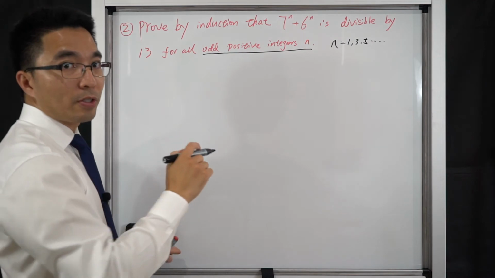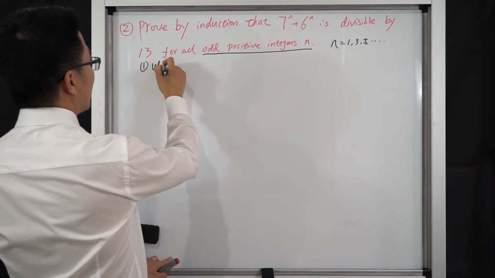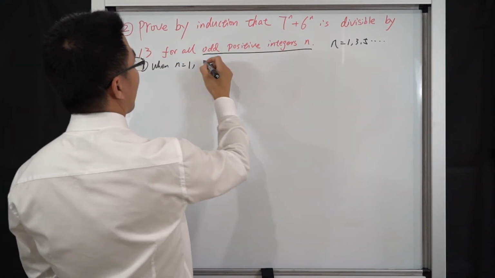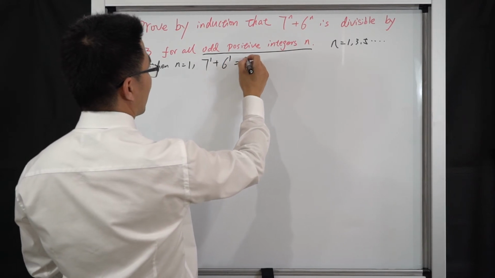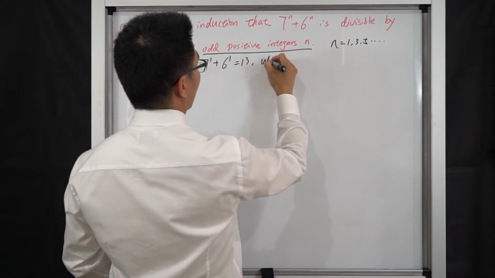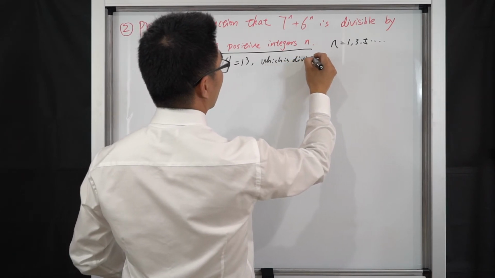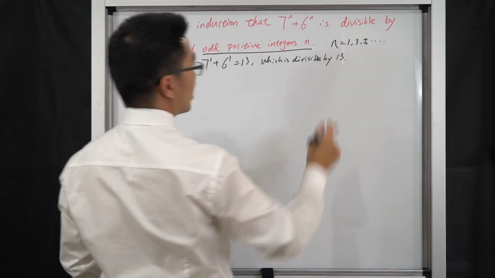Okay, so the first step, we choose the easy number when n equal to 1 to test this term. Okay, 7 to the power of 1 plus 6 to the power of 1 is 13, which is divisible by 13.